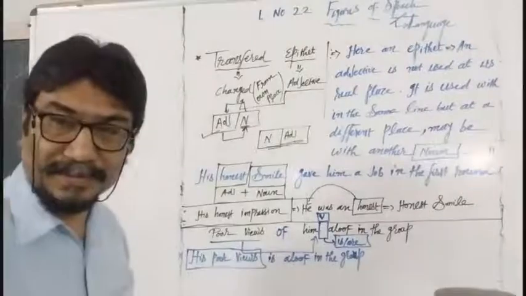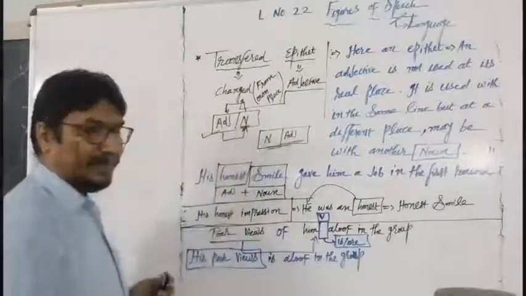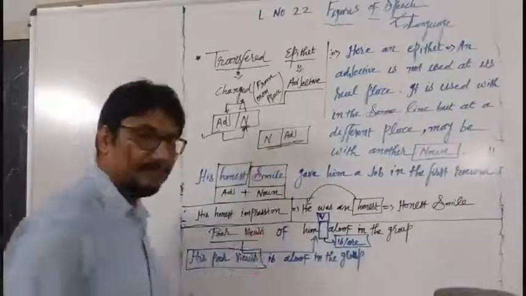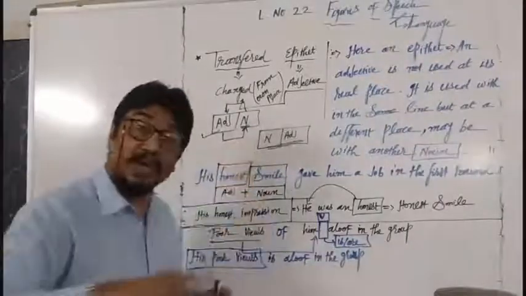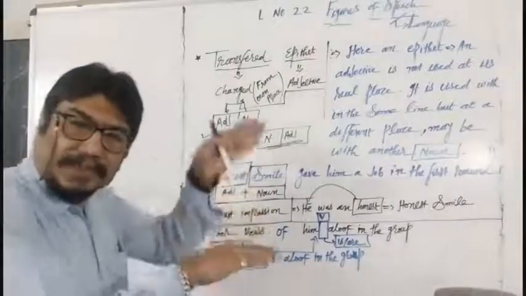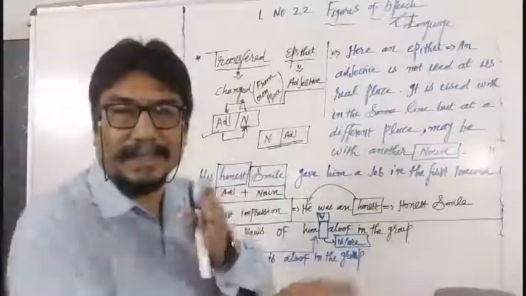Nothing is impossible, but up to 90-95% this is possible. This is also possible, I cannot deny that. But this structure is not used anywhere else, and the adjective is transferred to another place in the sentence.